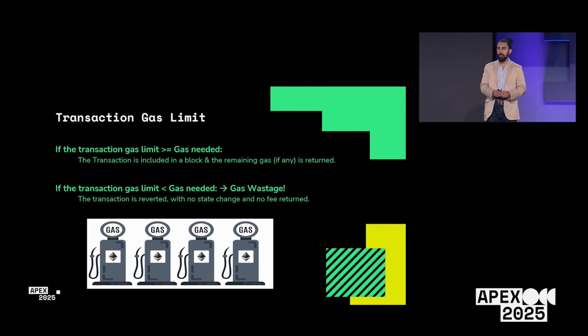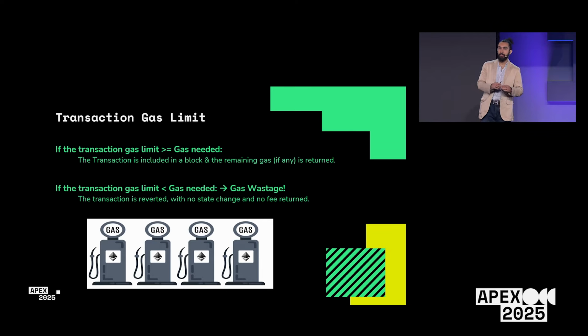So it's important to choose a transaction gas limit properly. And that's because the caller has to pay the gas fees upfront. So if the transaction gas limit that the caller sets is greater than or equal to the actual gas needed for a transaction, then the transaction goes through, it gets included in a block, and the remaining gas will be paid back to the caller. However, if the caller sets a lower transaction gas limit than the actual limit required to perform that specific transaction, then the miners start doing the work, then they run out of gas.